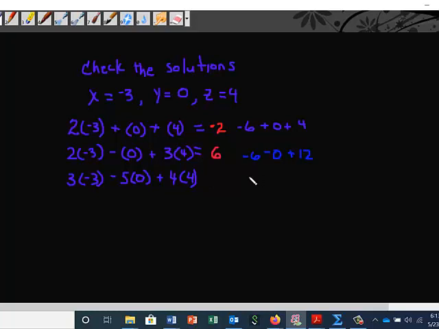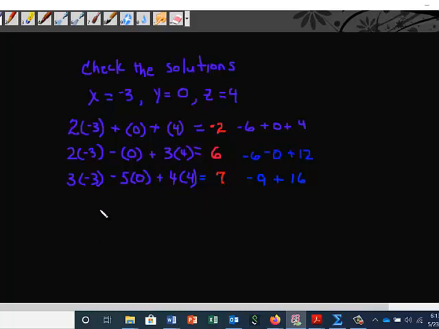Okay, and this is going to be negative 9 plus 16, which is going to give you an answer here of 7. So we were correct.